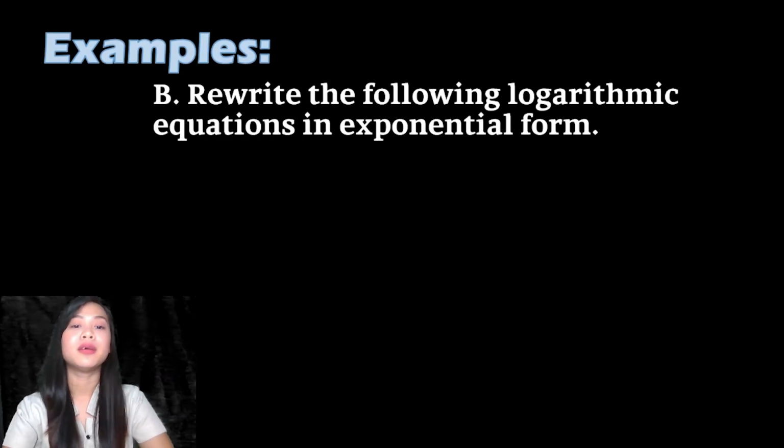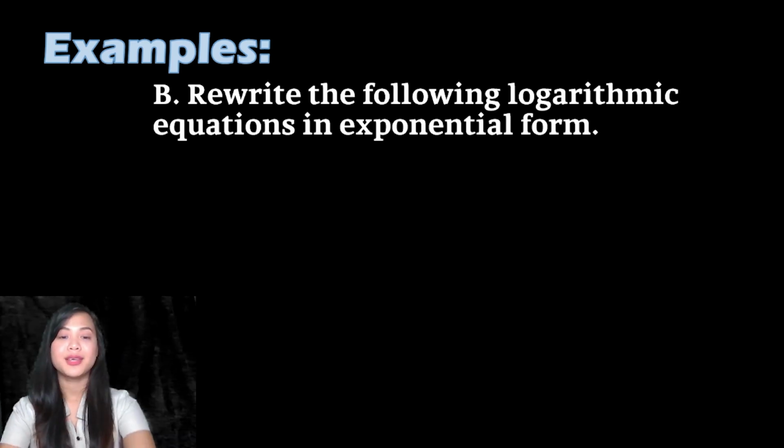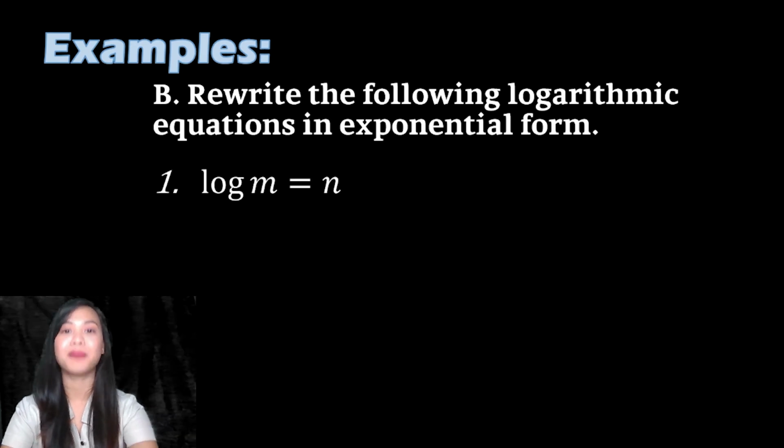Again, this time, we need to rewrite the following logarithmic equations in exponential form. In letter A, we had exponential to logarithmic. Now, we have logarithmic to exponential. So, first example, we have log m equals n. We don't see any base here, meaning our base is equal to 10.